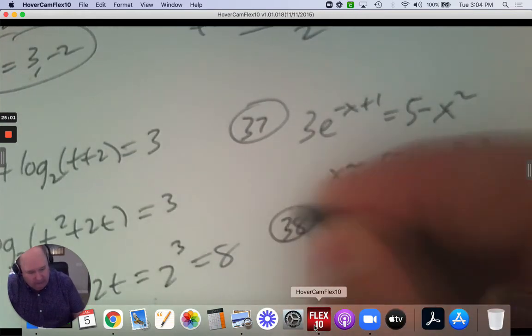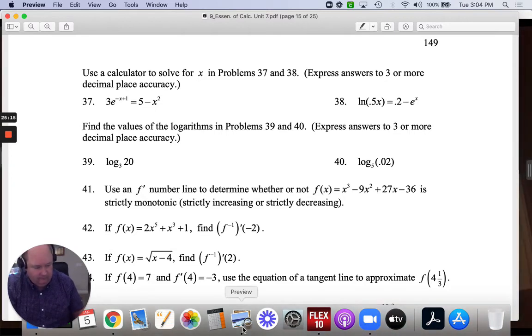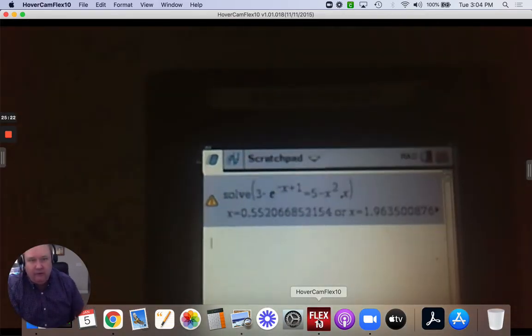For number 38, again using our calculator, ln 0.5x is equal to 0.2 subtract e to the x. I'm going to use a calculator to solve that. Show you again. So how do we solve with our calculator?